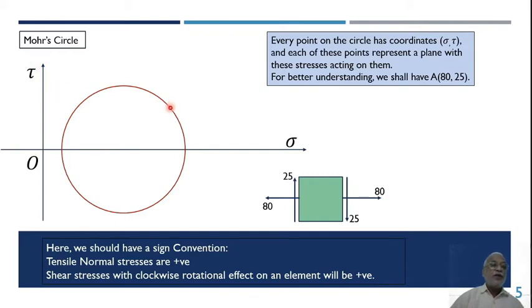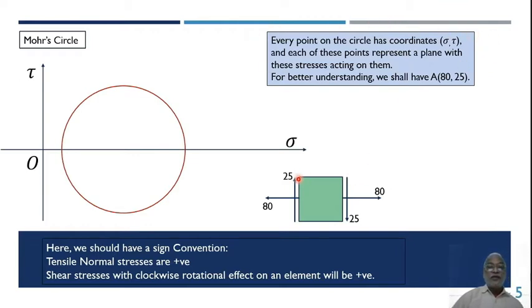Every point has coordinates sigma and tau, maybe a positive, negative combination or some zero. So every point on the Mohr circle has coordinates sigma and tau, and each of these points represents a plane with these stresses acting on it. That's an interesting part. That is Mohr circle.